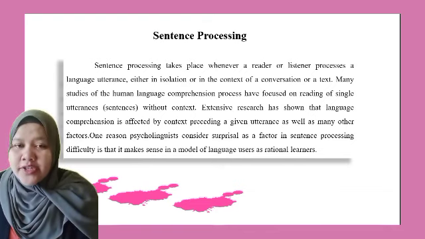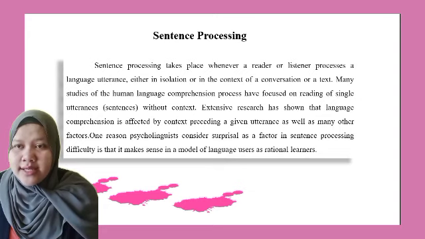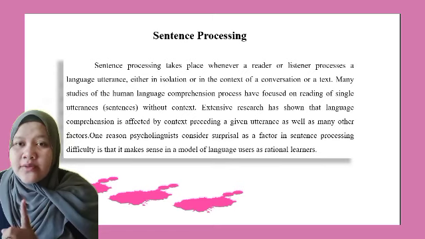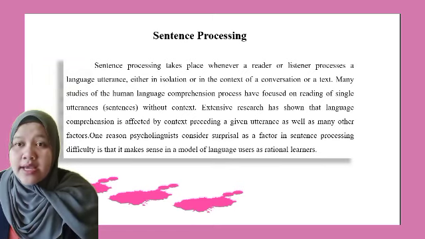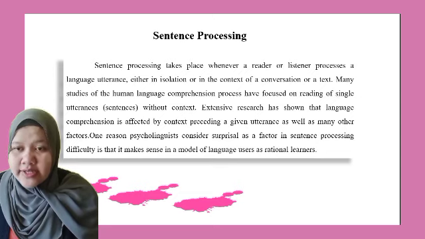Extensive research has shown that language comprehension is affected by context preceding a given utterance as well as many other factors. One reason psycholinguists consider surprisal as a factor in sentence processing difficulty is that it makes sense in a model of language users as rational learners.